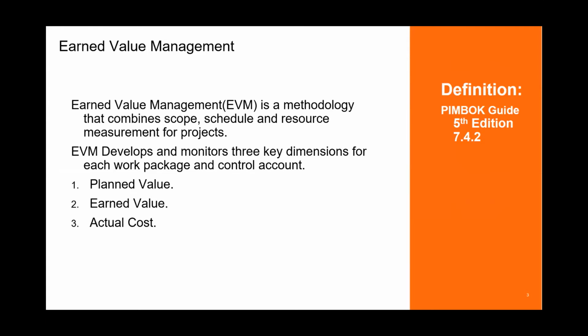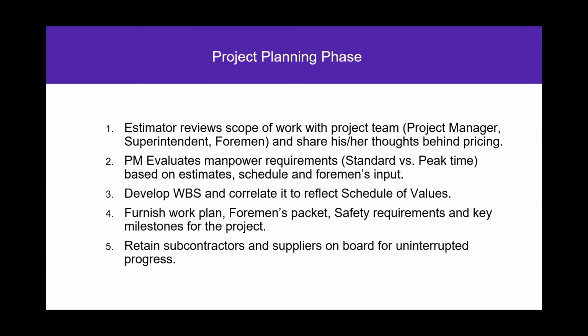I don't want to waste your time going through the definitions that Brandon and Hassam have already covered. My primary focus at JJ Bani is that we track three things on every project, weekly: planned value, earned value, and actual cost. Our project control process starts from the beginning.